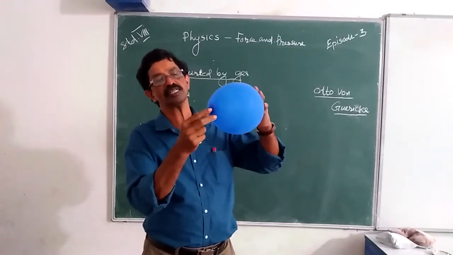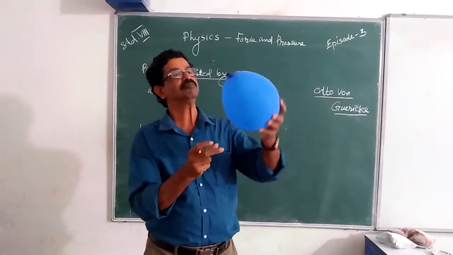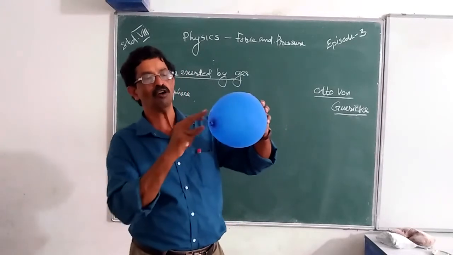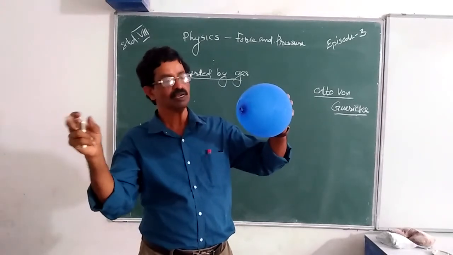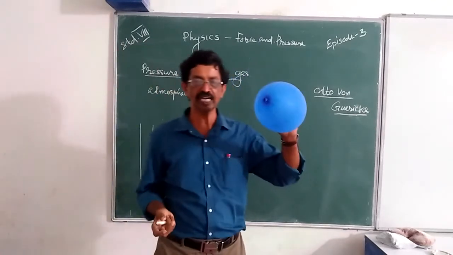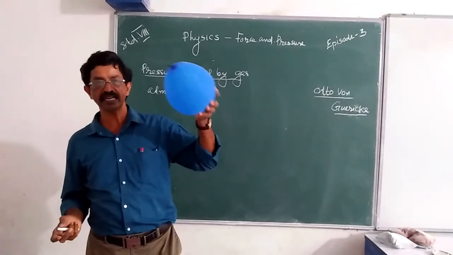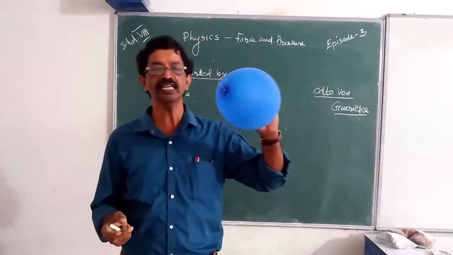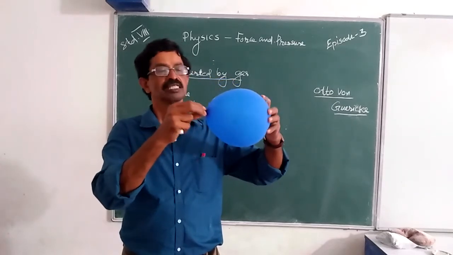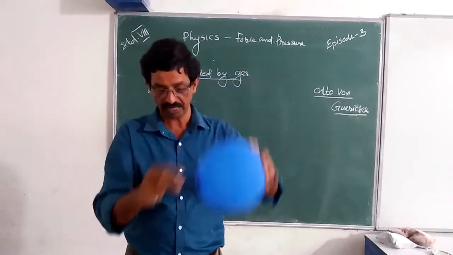If the balloon's mouth is not tied, and I let go at this place, all the air goes out. This means the air inside the balloon is exerting pressure. Because of that, we tie its mouth.